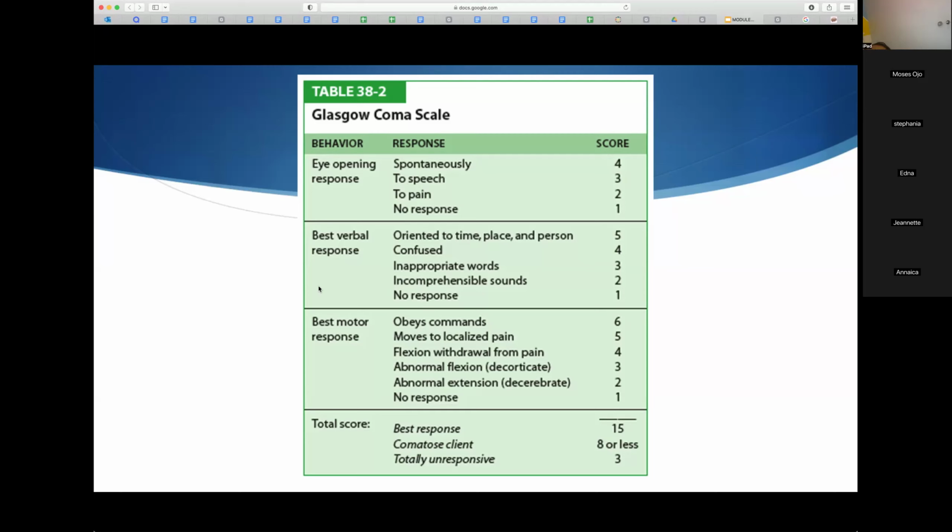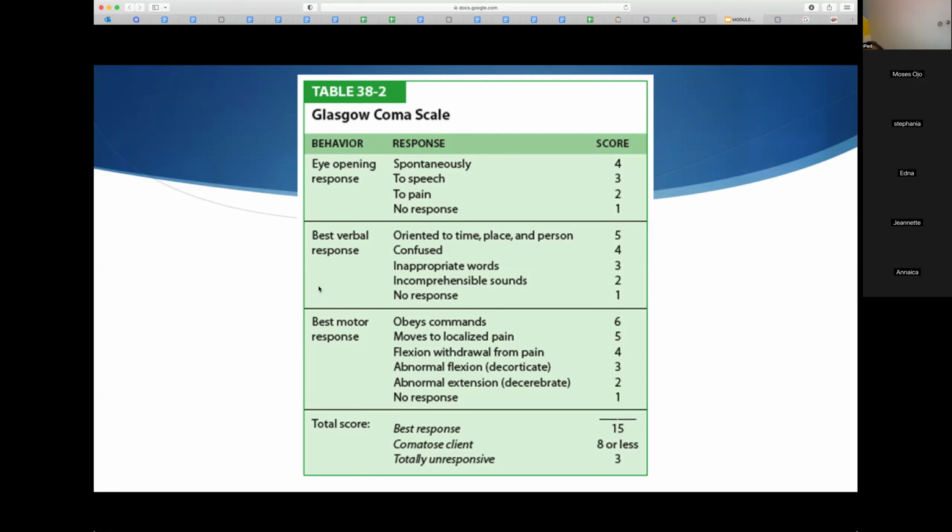Now, if they have abnormal flexion, and we're going to learn about that next class, decorticate versus decerebrate, abnormal flexion would be a 3, abnormal extension would be a 2. You do not have to memorize this, but you have to be familiar with what it means.